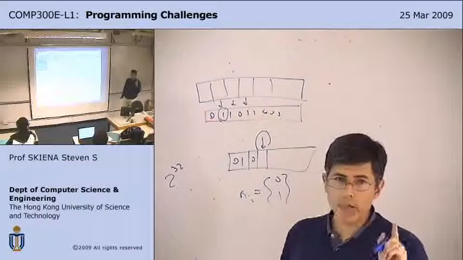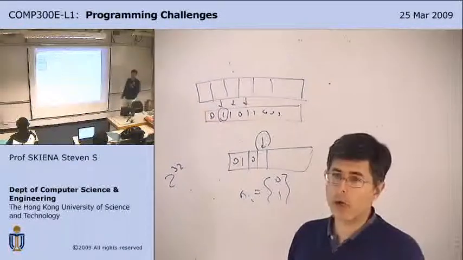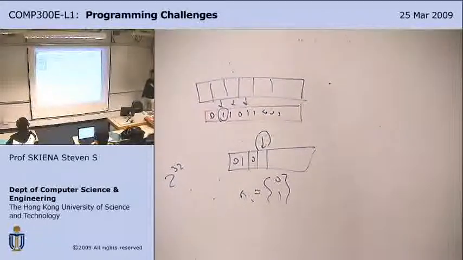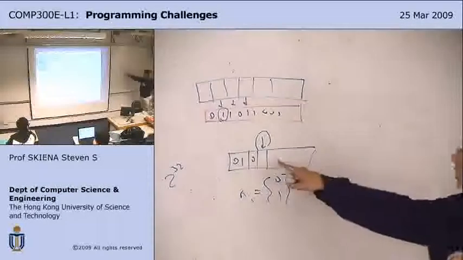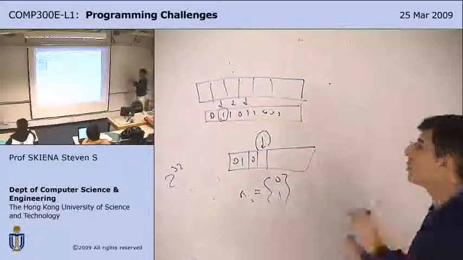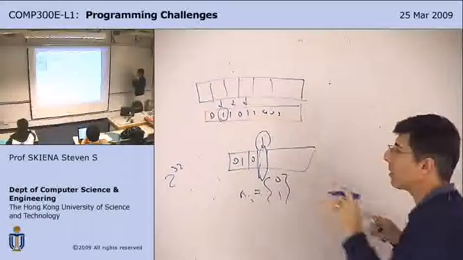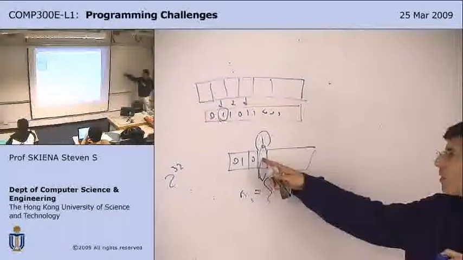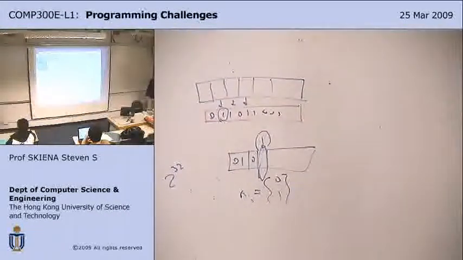Is there a way I can do backtracking to prune it so I don't construct all possible solutions? Right? So what should I put down here? What are my choices for this spot? Is it a 0 or a 1? Under what condition is it not a 0 or a 1? What conditions is it not a 0? Is a 0 not a candidate here?